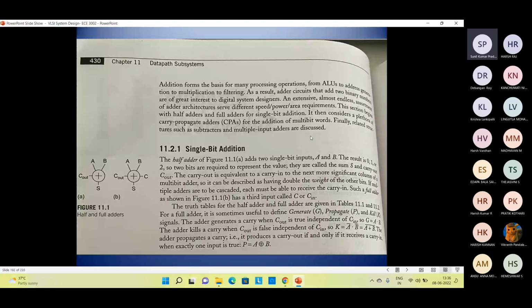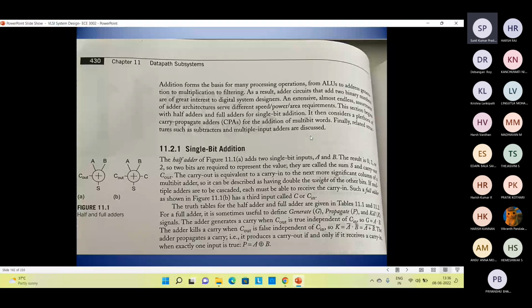In this session, we'll discuss the half adder and full adder for single bit addition, then carry propagate adders, CPA, for the addition of multi-bit words, and finally related structures such as subtractors and multiple input adders.